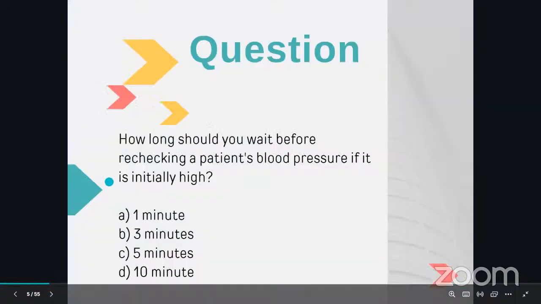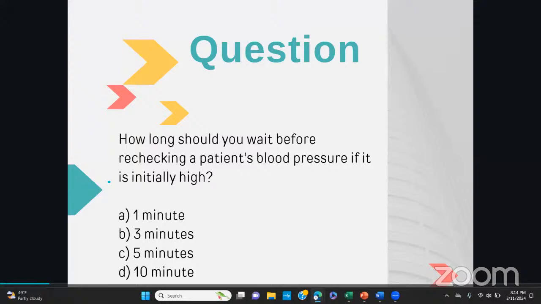Your next question, how long should you wait before rechecking a blood pressure if it is initially high? So if you're checking a blood pressure and it comes back high, how long should you wait? Okay, we have 10 minutes.